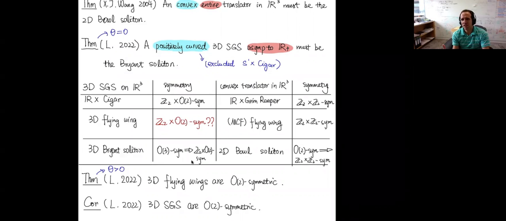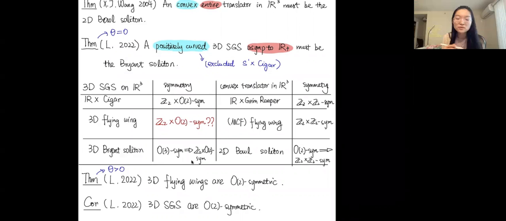The corollary says that all static gradient solitons are O2 symmetric. Not only the examples we know, it also includes that maybe there are some examples that we don't know, but they are also O2 symmetric. So this is a general theorem. Does that make sense? Okay.